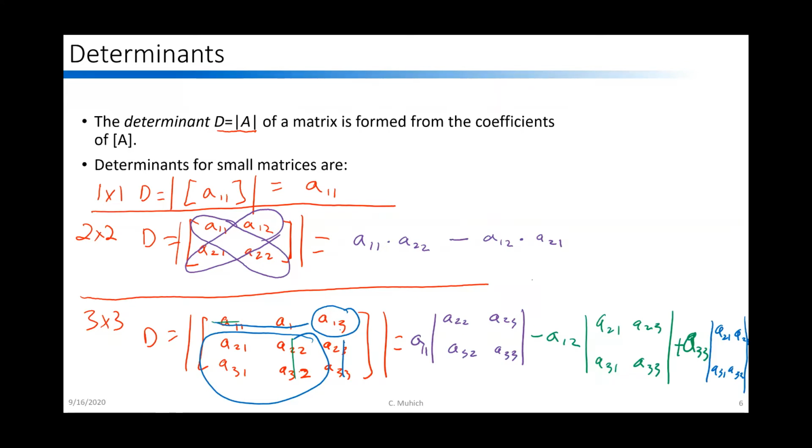So in this class, we're only going to stick with 3 by 3 matrices for determinants for solving linear algebra problems, because they get too complicated, so we're going to just stick with this formula. However, the same concepts apply to higher order formulas, and that's what computer programs will do behind the scenes.